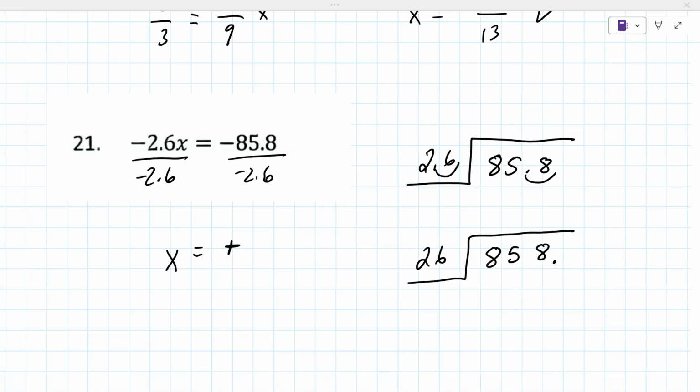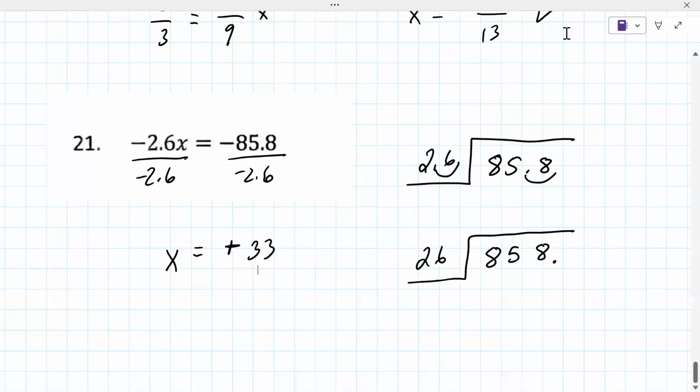That is 7. 28. X equals 33. Yes. 33, good.